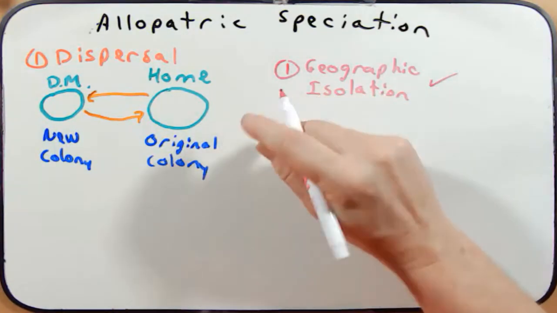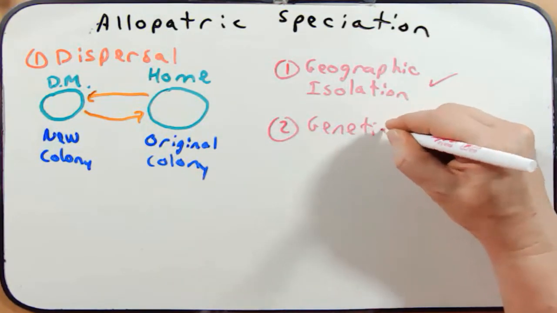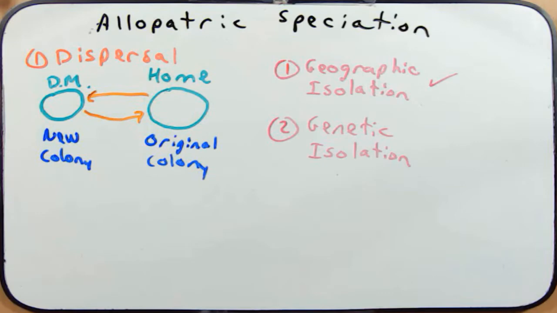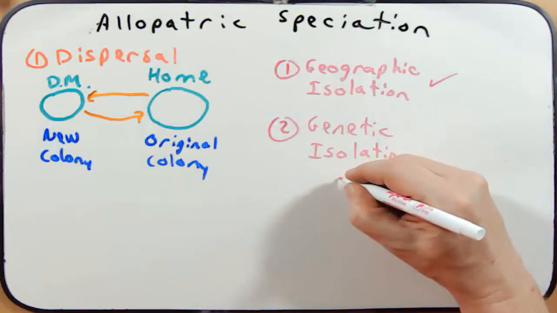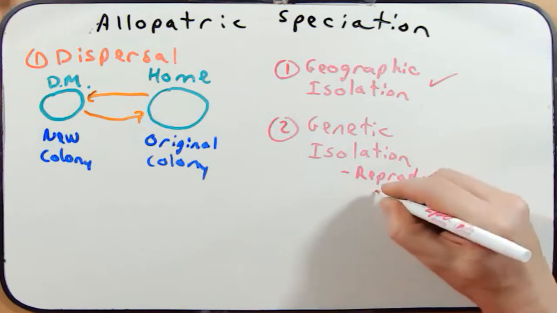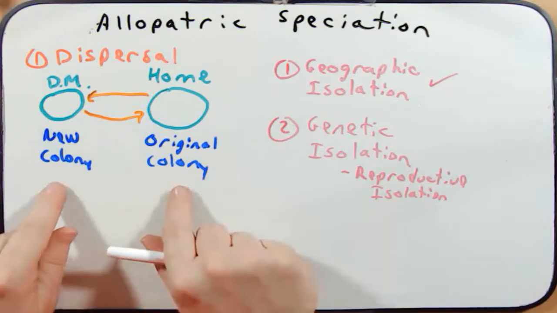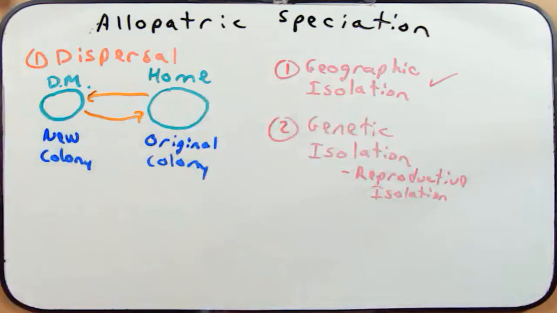And this next step of genetic isolation should be considered next. So the fact that they're on separate islands helps keep them genetically isolated. It helps reduce gene flow. But another thing that's happening here, if we go back to a term we learned in the last class, this is a reproductive isolating method. 2 different populations in different habitats that breed in these different habitats.